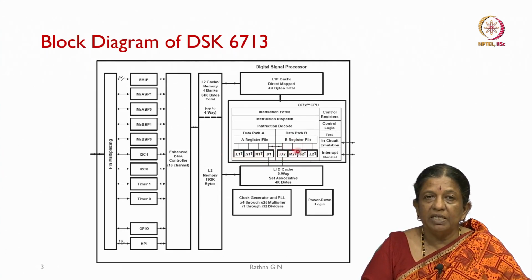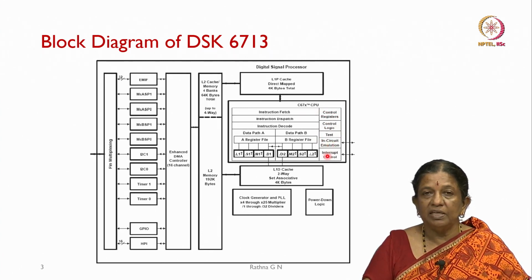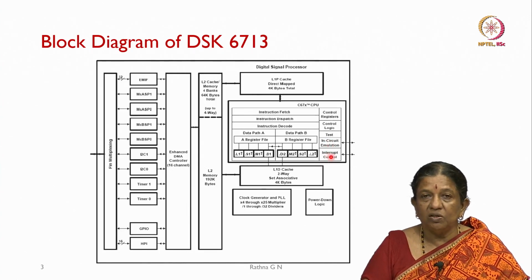When we take up the architecture of the processor in class, I will be discussing these functional blocks. Coming to how it is controlled, you can see control registers, control logic, test, in-circuit emulation, and interrupt control are also available.